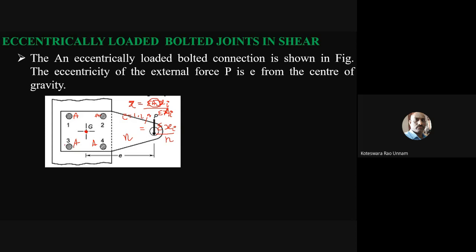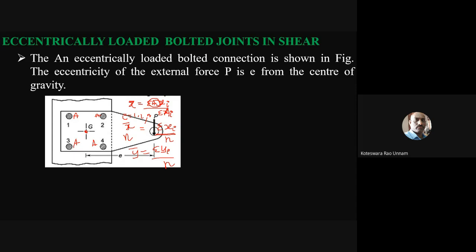That means you need to identify the x coordinate for each bolt, sum all those x coordinates and divide that sum by the number of bolts, and you will get your x bar. Similarly, I can calculate y bar also. Y bar is nothing but sigma yi, the summation of the y coordinate of each bolt divided by the number of bolts, you will get the y bar. This is the procedure we follow in the case of riveted joints also.